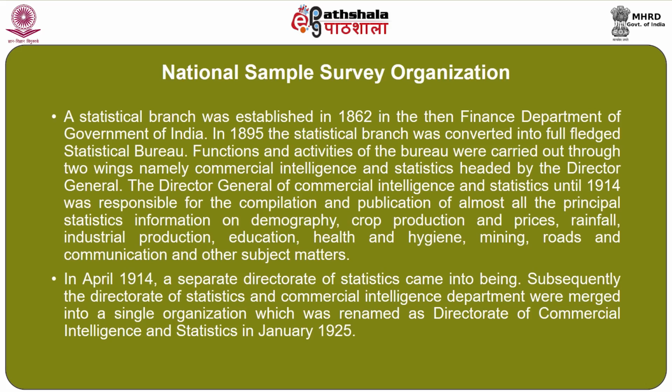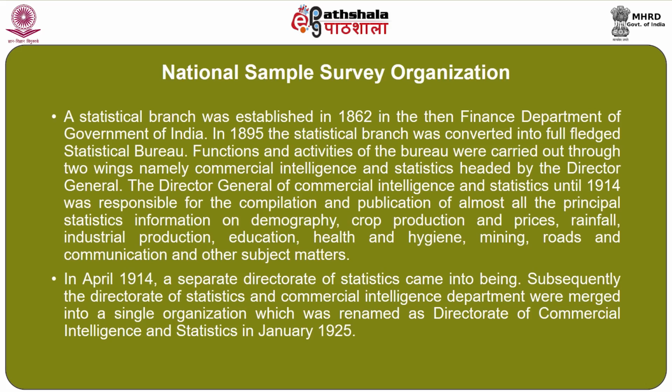The Director General of Commercial Intelligence and Statistics until 1914 was responsible for the compilation and publication of almost all the principal statistical information on demography, crop production and prices, rainfall, industrial production, education, health and hygiene, mining, roads and communication, and other subject matters.